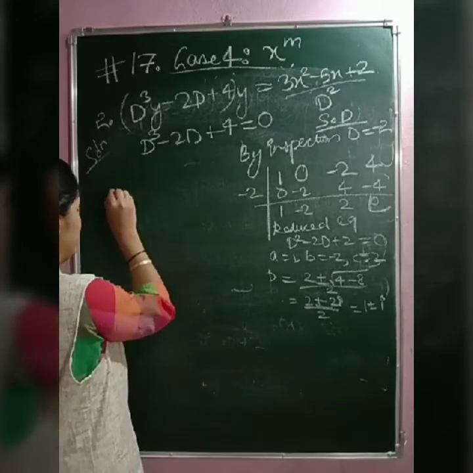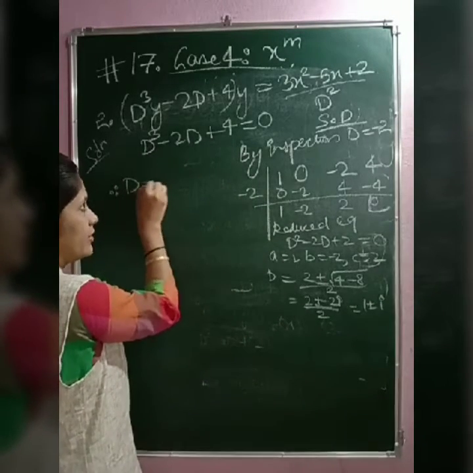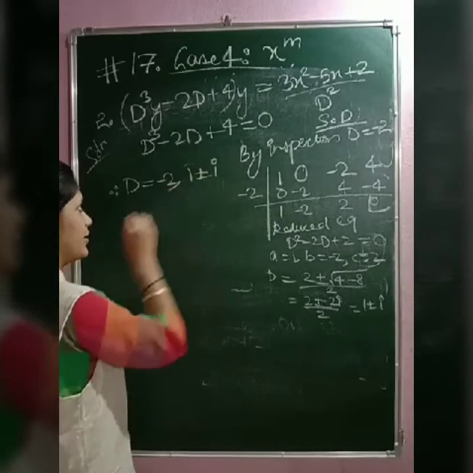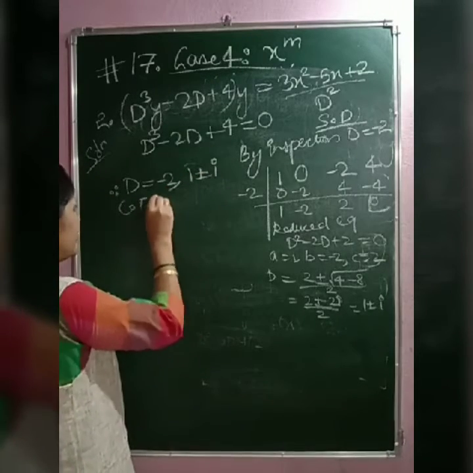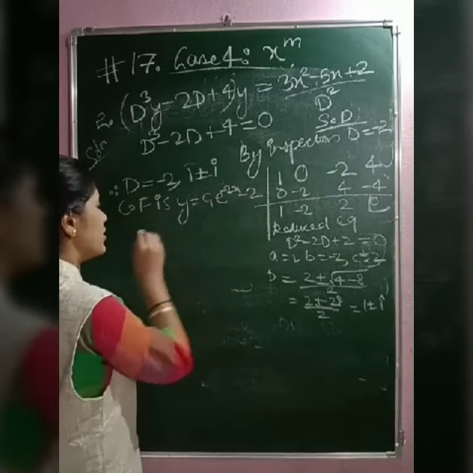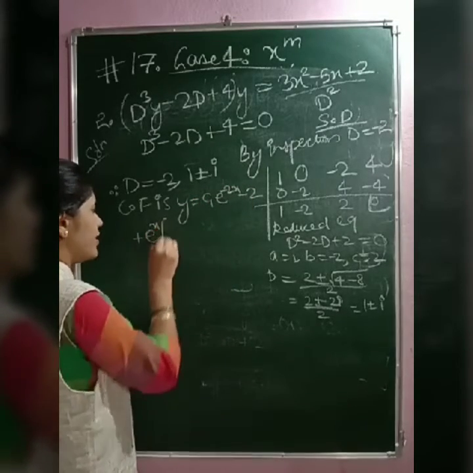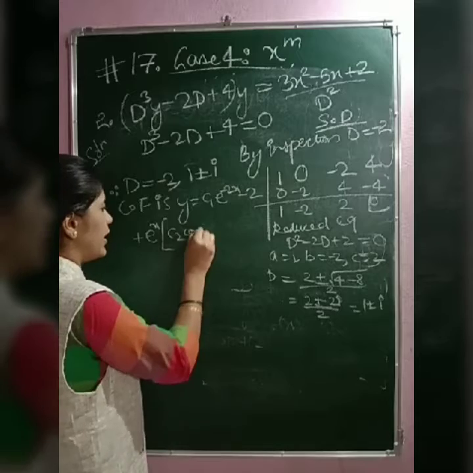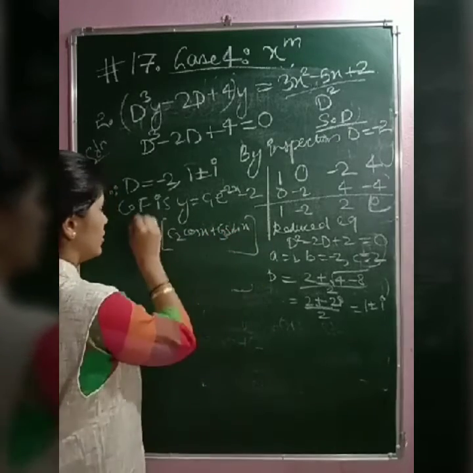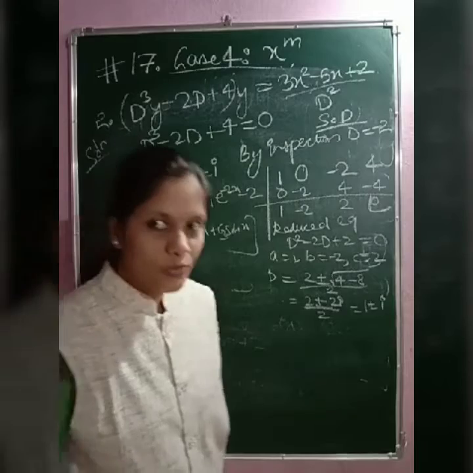Therefore D equal to minus 2, 1 plus or minus i. The complementary function is y equal to c1 e raised to minus 2x plus e raised to x times (c2 cos x plus c3 sin x). So this is our complementary function.